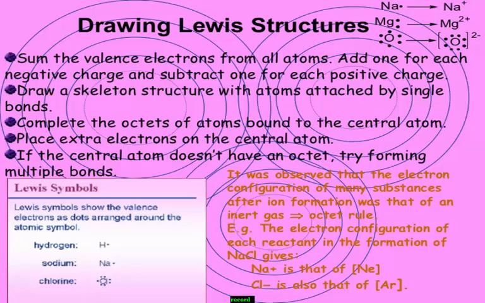Is it right? Yes. When you observe this example, here I write Na dot changes to Na plus, means it already lost one electron. Mg2 plus, 2 electrons are lost here, and O2 minus, 2 electrons are gained.